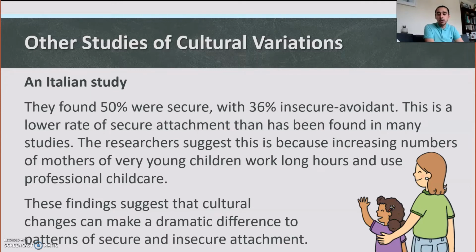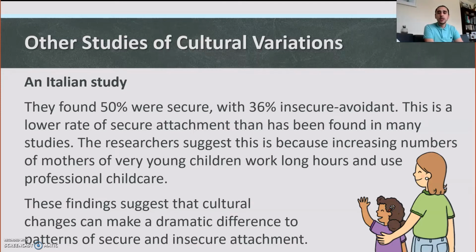This is a lower rate of secure attachment than has been found in many studies. The researchers suggest this is because increasing numbers of mothers of very young children work long hours and use professional childcare. These findings suggest that cultural changes can make a dramatic difference to patterns of secure and insecure attachment.